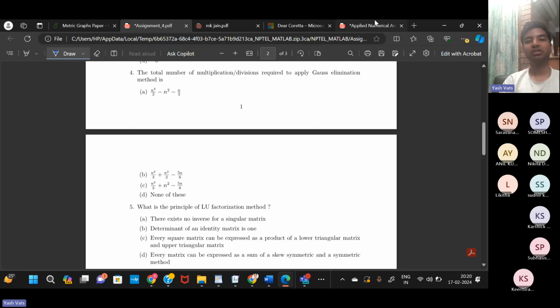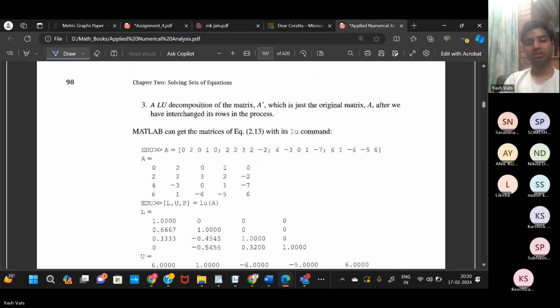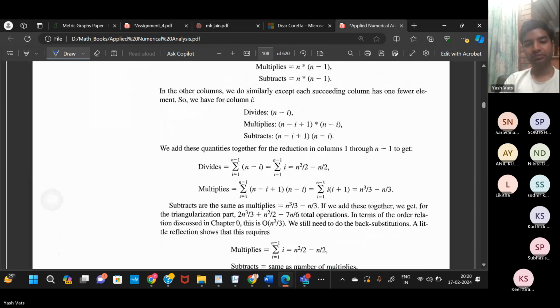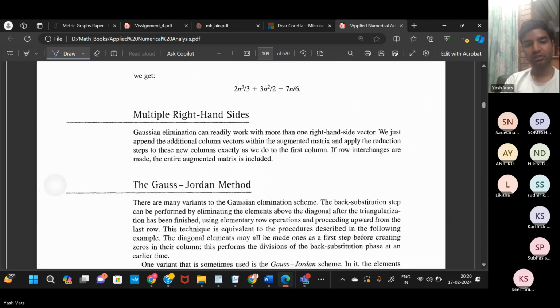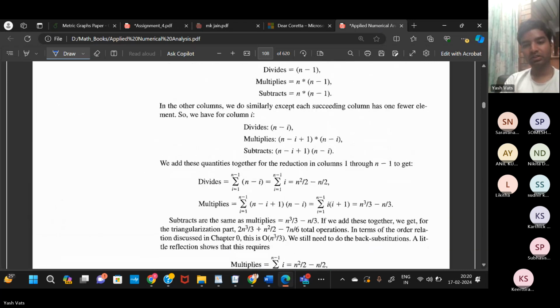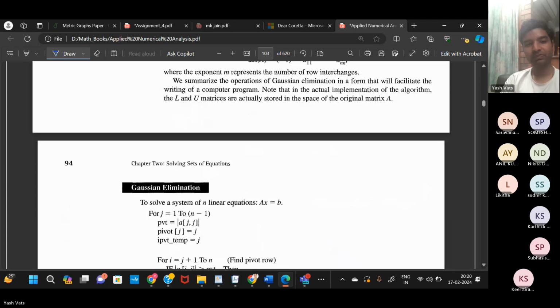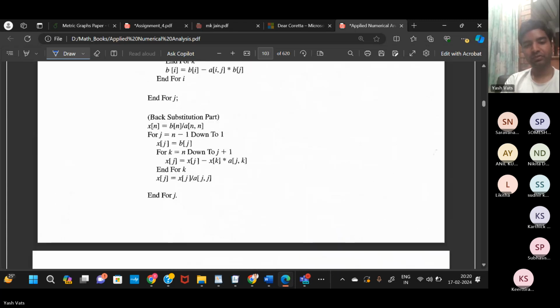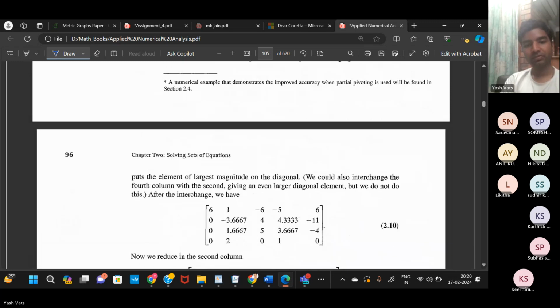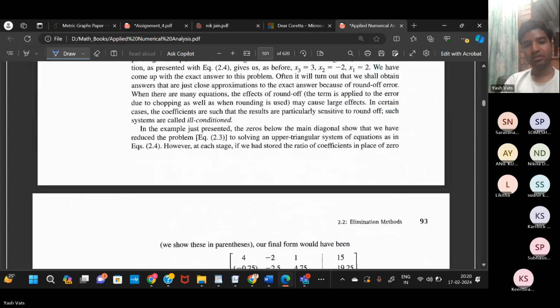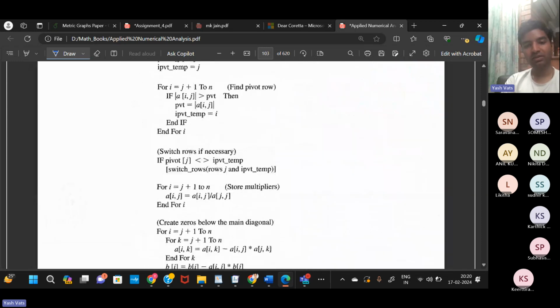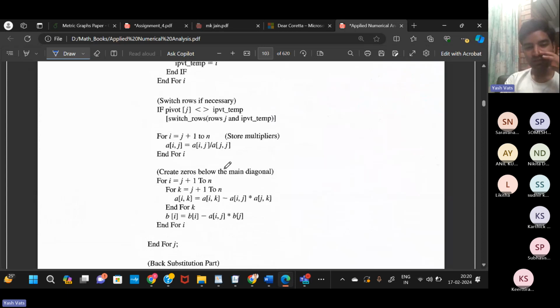Let me just show you. In general, in the Gauss elimination method, you do AIK equal to AIK minus AIJ into AJK, and you are dividing also by AJJ.